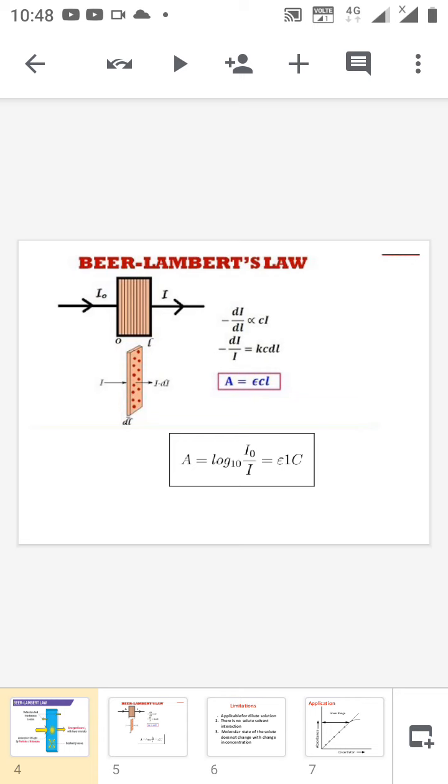So let me move on to the mathematical representation of Beer-Lambert's law.